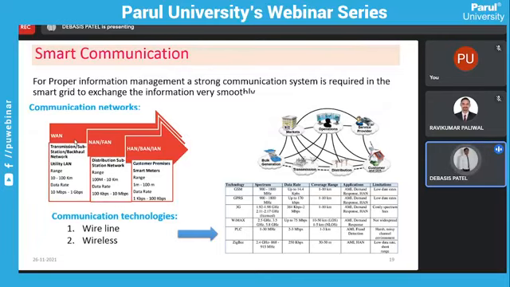But with HAN, home area network, and building area network, the information is transferred over about 100 meters. Okay. So these are the widely described ones. Then again, these communications will be divided into wireline and wireless: some information we transfer through wireline, and some information will transfer through wireless.